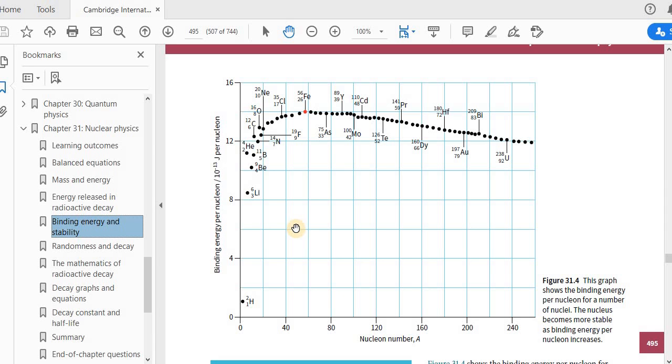The nucleons fuse, or get together, and form a bigger nucleus. That is nuclear fusion. In nuclear fission, the nucleus breaks or disintegrates, and gives smaller daughter nuclei. That is nuclear fission. But in nuclear fusion, the nucleons get together and form a bigger nucleus.